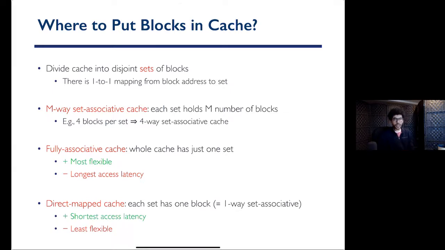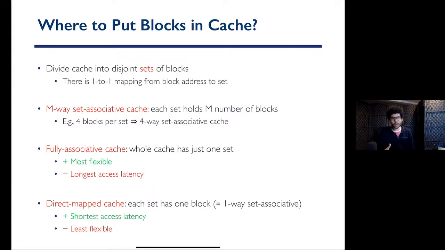With a fully associative cache, the downside of this flexibility is that I will have longer accesses, because I will need more hardware logic to search for my block. My memory address could go anywhere in the cache, so I will have to search the entire cache to see if I have my data.